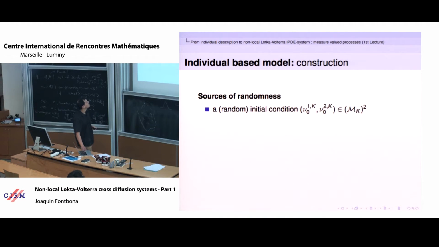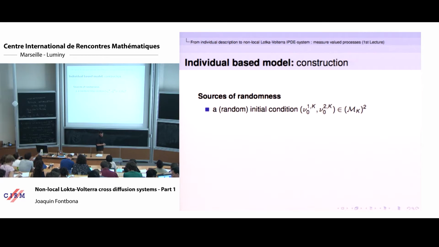Clear enough. Okay, and what are the sources of randomness? This is the first thing we have to decide when we want to build a stochastic model in any setting. The idea is that my populations will possibly be initialized from random points.